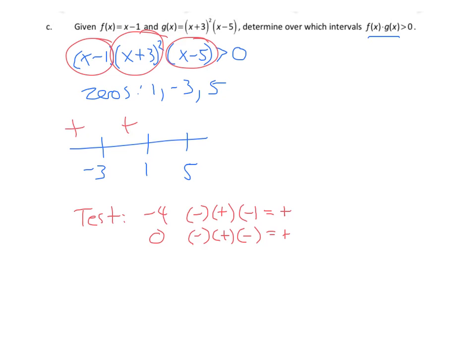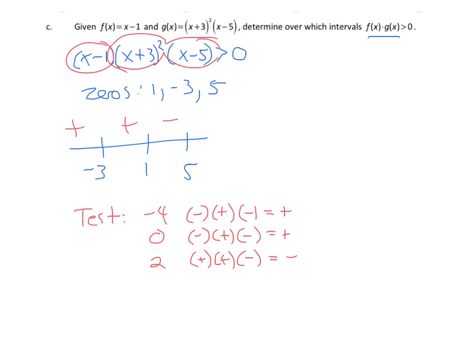And next I'm going to test something between 1 and 5, like 2 maybe. And right here, 2 minus 1 is positive. 2 plus 3 squared is positive, and 2 minus 5 is negative. 2 positives times a negative is going to come out negative.